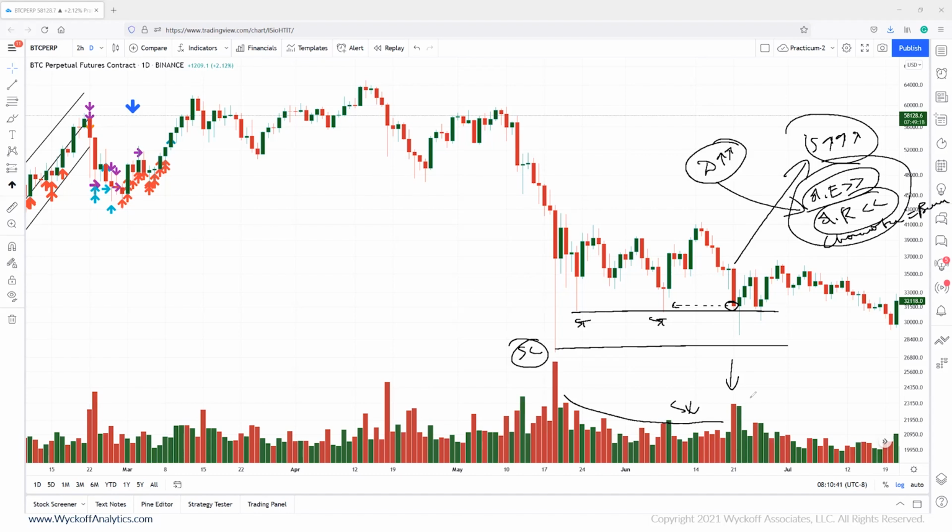In this case, demand. So we're seeing that demand is coming on the red bar right here, and it's also coming on the next green bar. And the ability of the price to, let's say, temporarily commit on the intraday level and recover the same day, that's a spring type of action.